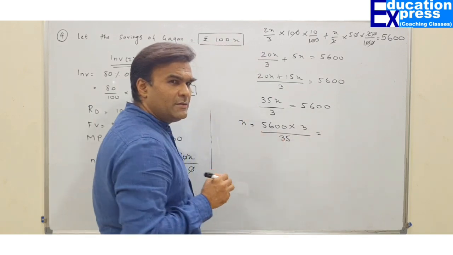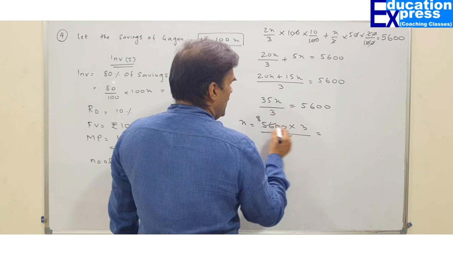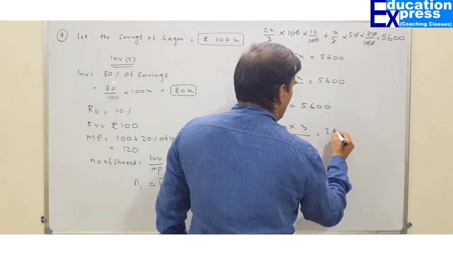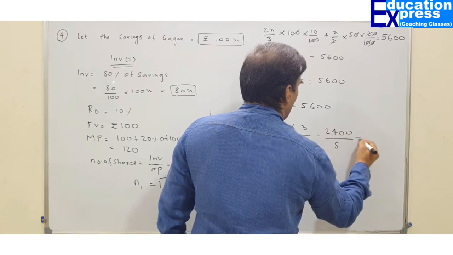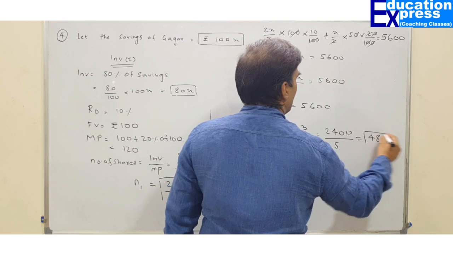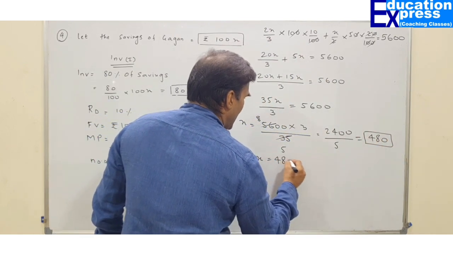We can do this: 7 5s are 35, 7 8s are 56, so 800 into 3, that's 2400. So x would be 2400 upon 5. That's 480. So x equals 480.